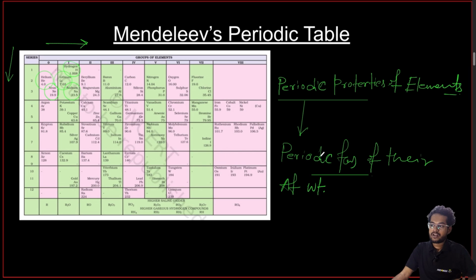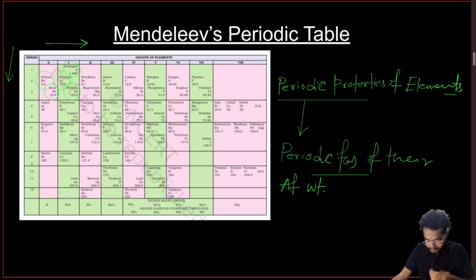Periodic properties of elements are the periodic function of their atomic masses. This is the main idea he used for designing this periodic table, and now we will see how he succeeded in this, and this also has a few demerits. We will also discuss that.